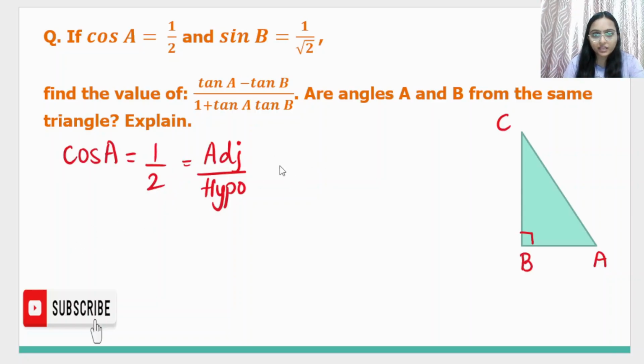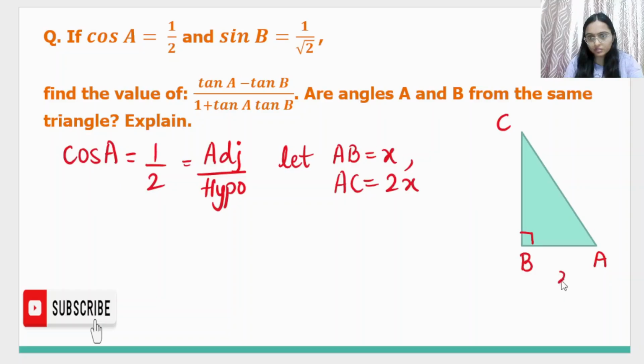So we will assume that, let adjacent, what is adjacent over here? AB. Let AB be x, and hypotenuse is the side which is opposite to the 90-degree, which is AC. AC as 2x. So this is my x, this is my 2x. We need to find the side which is opposite of A, which is side BC. So in this triangle we will be using Pythagoras theorem.